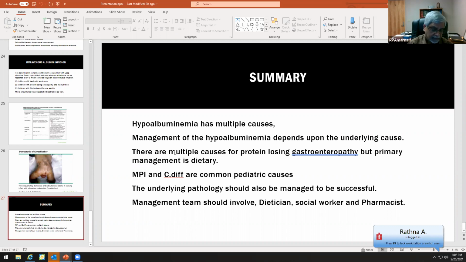And along with that drainage, you're going to lose all the protein along with it as well, because lymph has not only the fat, but also a significant amount of protein. The albumin as well as globulins, all of them are going to leak out.